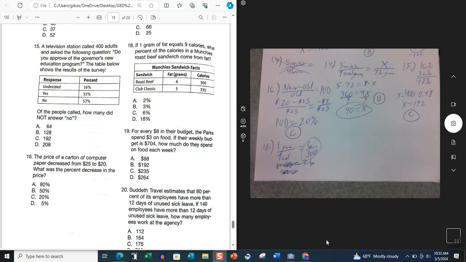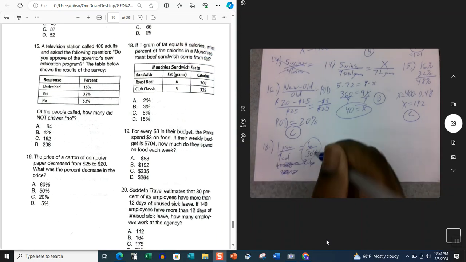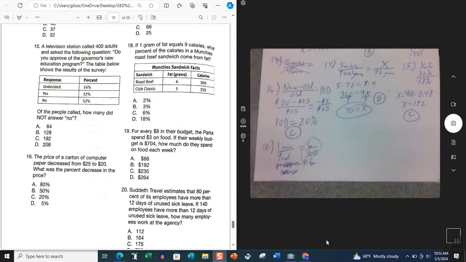Okay, now, again, we're dealing with this 6 over 300. But here's the thing with this. It tells us here that 1 gram of fat equals 9 calories. So what happens is this here. We would have to take the grams of fat and multiply it by these calories.